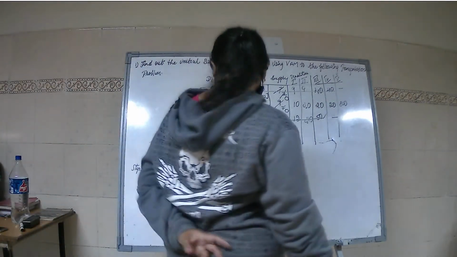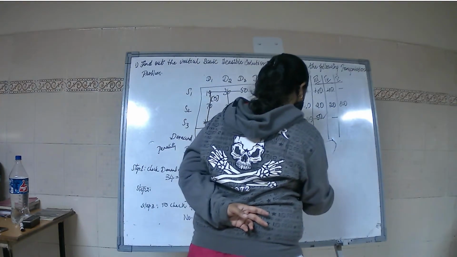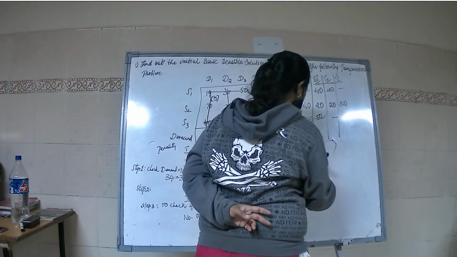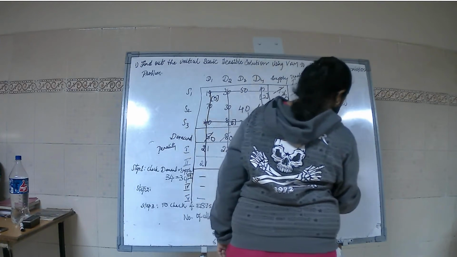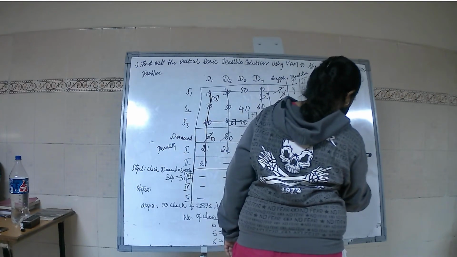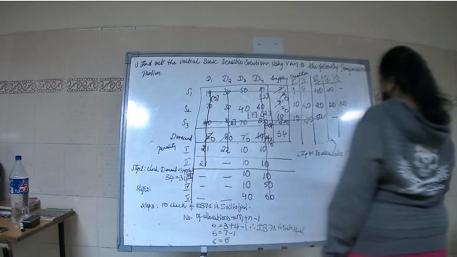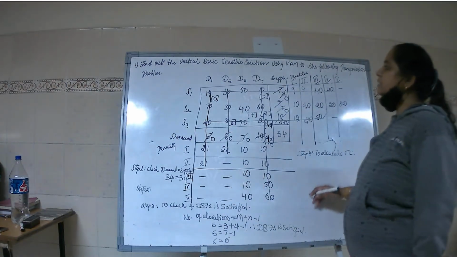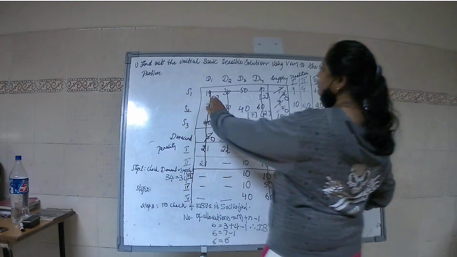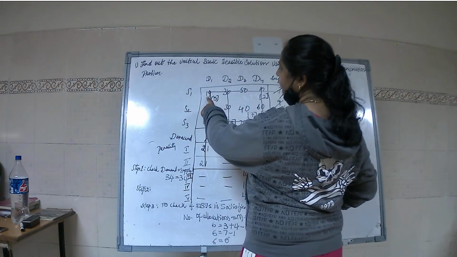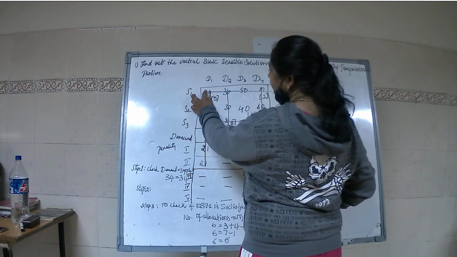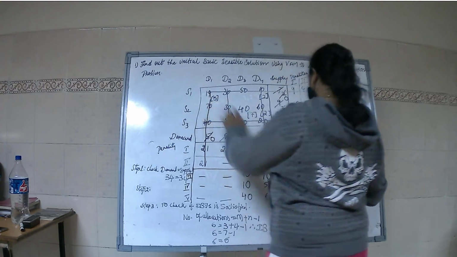Okay, now let's start with the next step, that is step 4, to calculate the transportation cost. Now you need to calculate the transportation cost in a similar way to previous problems, that is the source value, or say the value in the table, into the allocation.